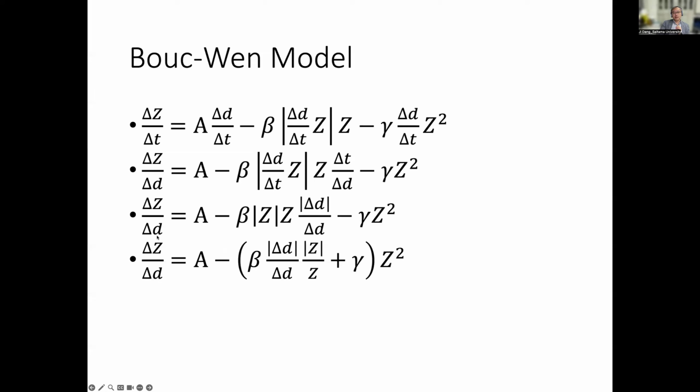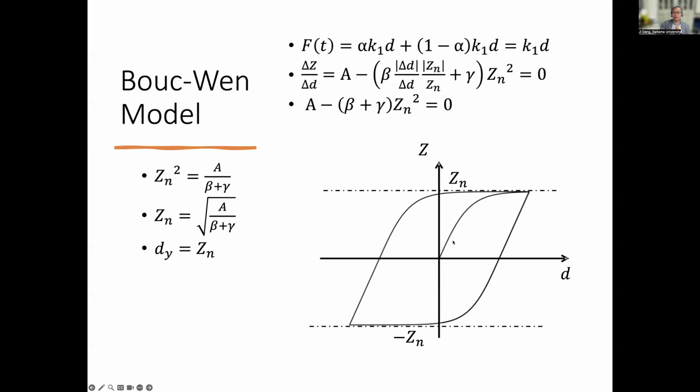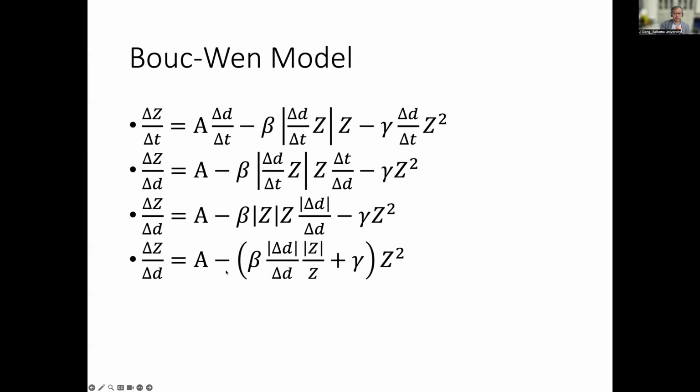So we can see the relationship of delta z and delta d is A. So A will generate, use 1 as the value is 1. So they increase linearly. However, with the increase of z, this becomes larger than A should minus something. So this gradient becomes smaller.